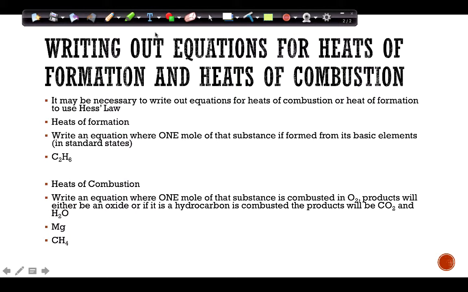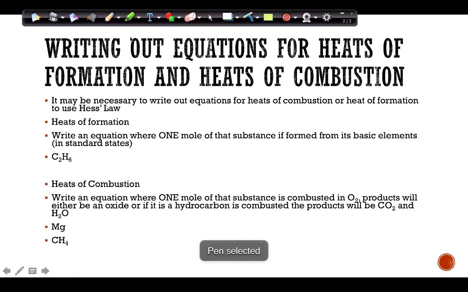And the main thing to remember when you're writing out these heats of formation and heats of combustion is that you're only using 1 mole of whatever that substance is. So if I'm looking at heats of formation, when I write out an equation for heats of formation, I can only have 1 mole of that substance.